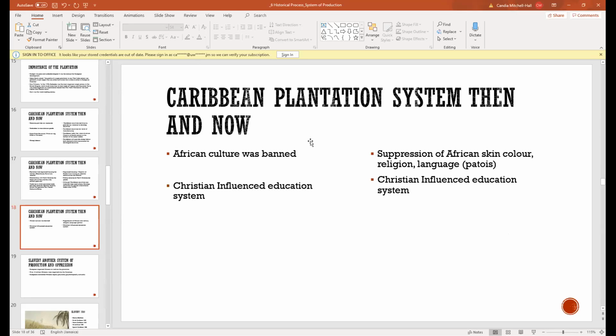Another example is the hair. Black hair is seen as bad hair. The example of the young lady, the family from Portmore the other day in Jamaica, that the child was initially told she could not come to the school because she had locks.